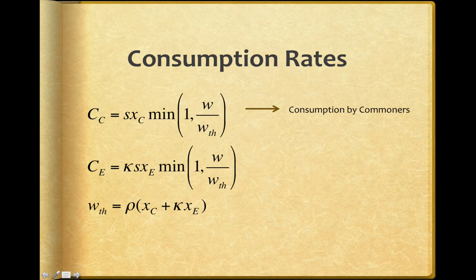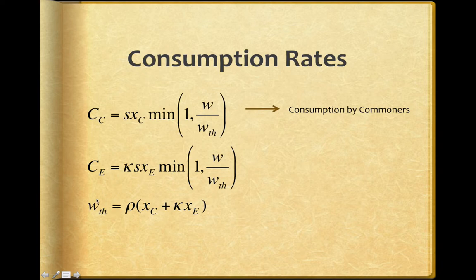If there's scarcity of wealth, both commoners and elites follow the same pattern and will be able to consume less. The difference between the consumption of commoners and the consumption of elites is that the elites consume more, driven by this inequality factor kappa. This is a non-dimensional factor that is larger than 1. So the elites consume more per capita than the commoners.